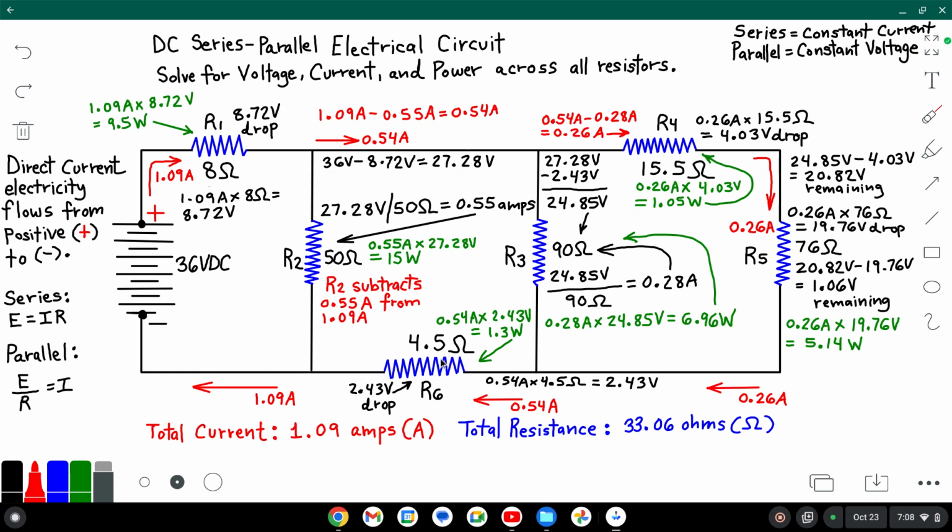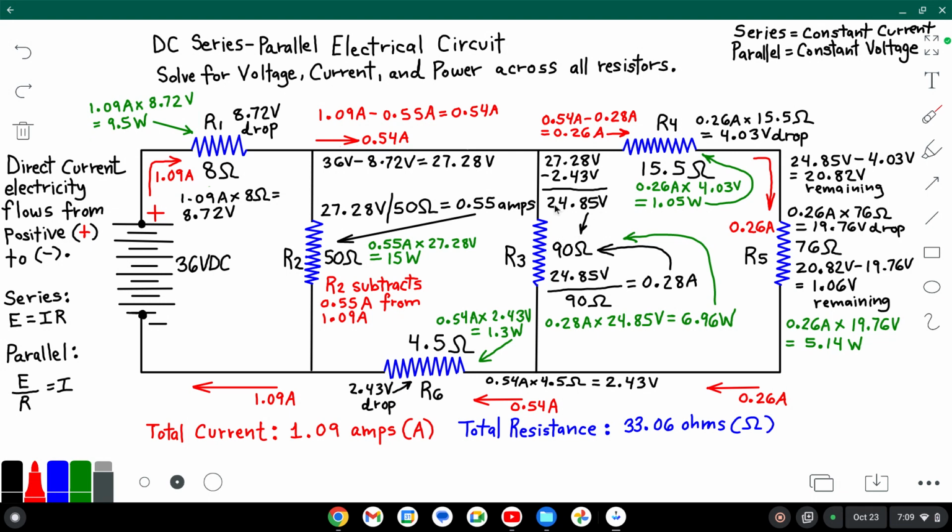So this will then incur another voltage drop equal to 0.54 amps times 4.5 ohms, or 2.43 volts. So then we subtract 2.43 volts from 27.28. This then leaves 24.85 volts to flow to R3.